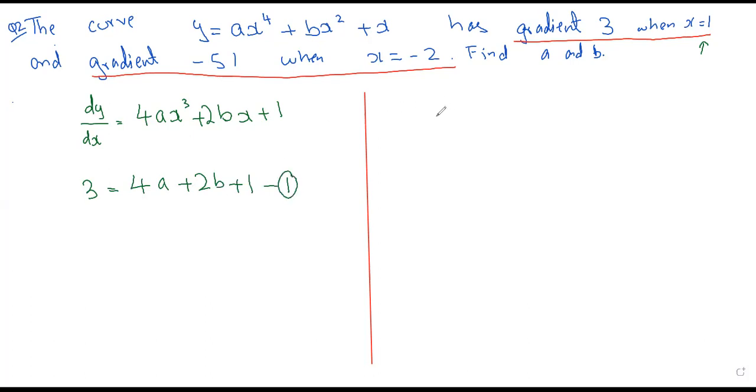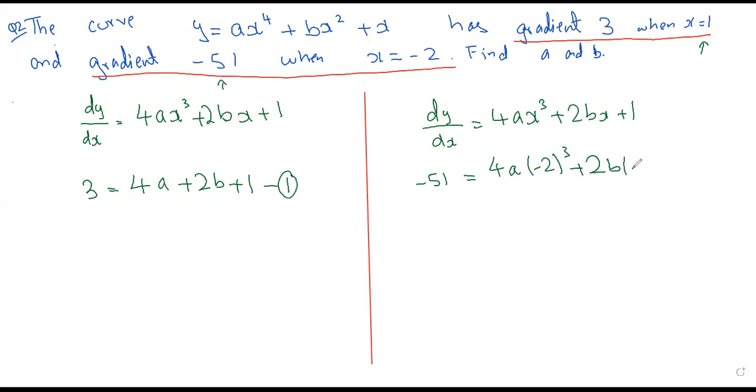The second equation would be, again, when I differentiate this, I would get the same function. I'm just rewriting that over here. Now the gradient is minus 51 when x is minus 2. Okay, minus 51 equals 4 into minus 8, and that would become minus 32a minus 4b plus 1.